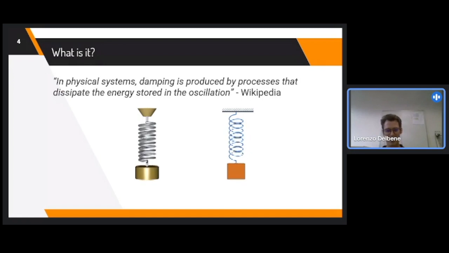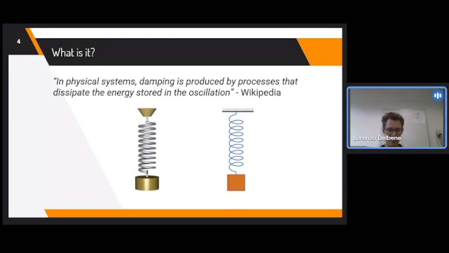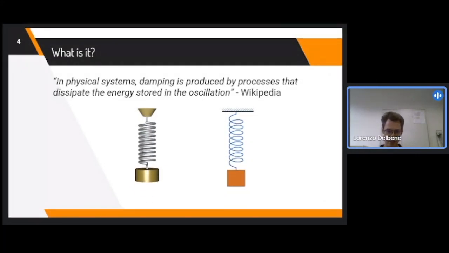So naturally, all that I said was without these little gifs that you can see here. The one on the left is the ideal case. The one on the right is the real case.